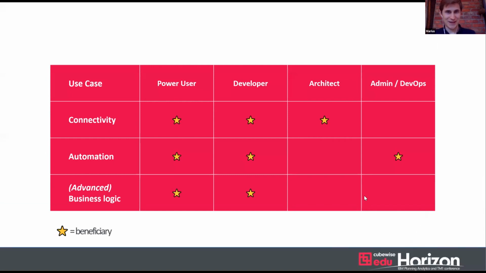I think you could categorize the beneficiaries of TM1Py into four groups: the power users, developers, IT architects, and people who do admin and DevOps stuff. And if you zoom out, I think we can categorize the TM1Py use cases into three groups: anything related to connectivity, data integration, and data exchange; anything related to automation, meaning stuff that you would do manually, you can now automate; and expressing business logic.